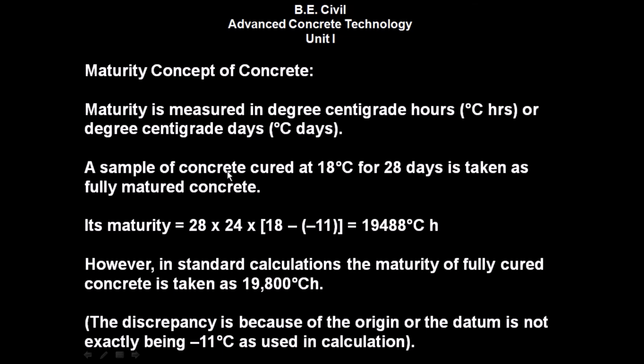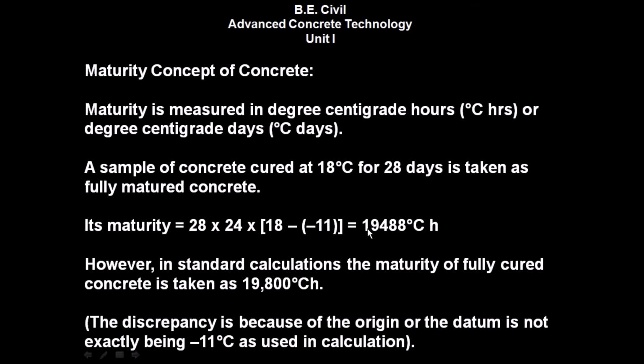So here we will see one example. A sample of concrete cured at 18 degrees Celsius for 28 days is taken as fully matured concrete. Its maturity is equal to 28 days multiplied by 24 hours multiplied by (18 degrees Celsius minus (minus 11 degrees Celsius)), which is considered as the datum.